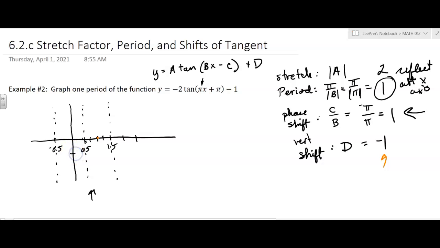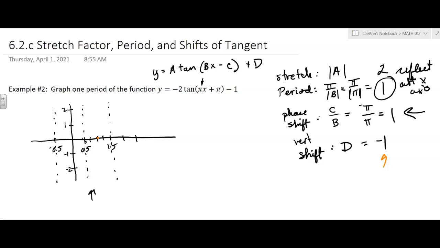Looks like that's about 1, negative 1, and 1. And then what's our stretch factor? 2. So we're going to be thinking about that. Let's draw another one in. These are kind of big. I was trying to keep it to scale. Do your best on that. Maybe graph paper is the way to go.